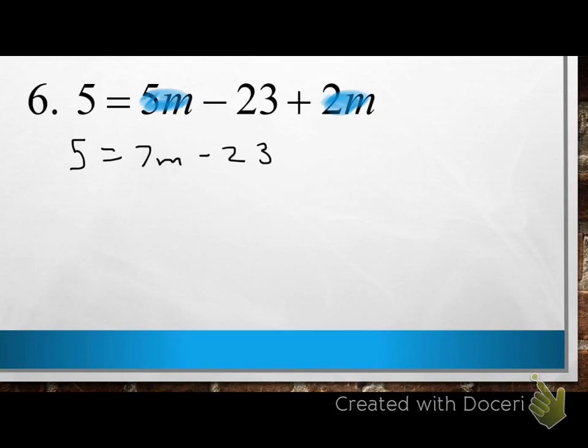If you think you have it, go ahead and take a seat. You don't have to. If it helps you, you can, but you don't have to. Did you do it starting with the 23? You could, but I recommend don't. I recommend always combine like terms first. You got it right, but it's better to combine like terms first.